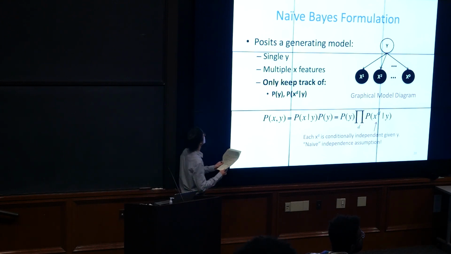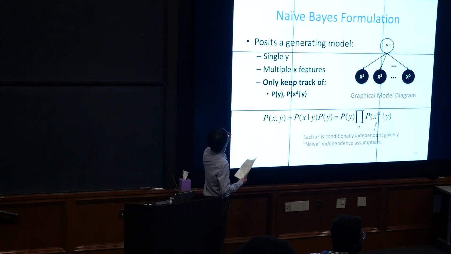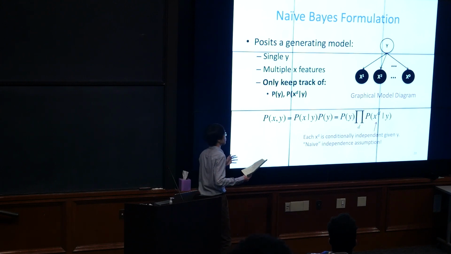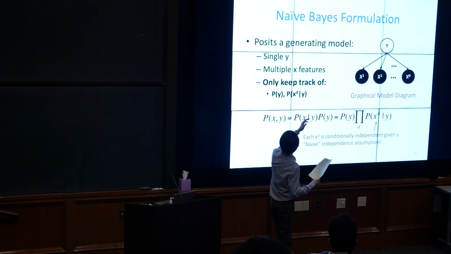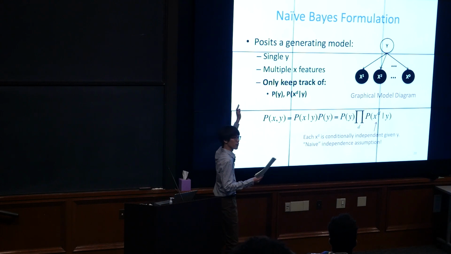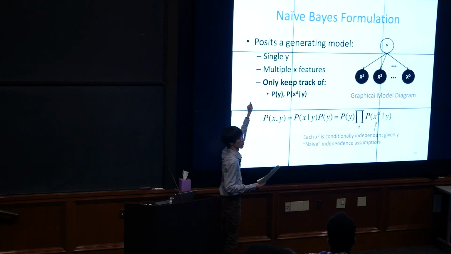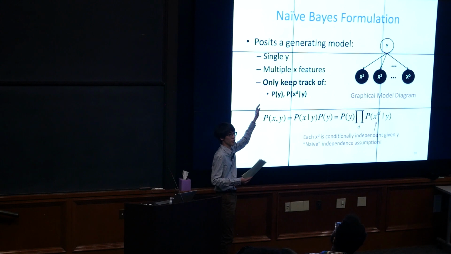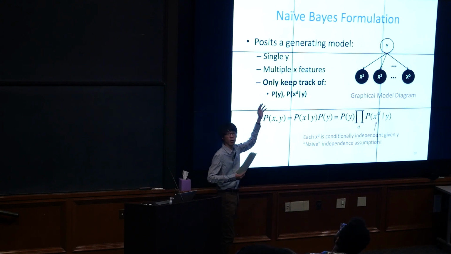In a naive Bayes formulation, we have this generating model. We have some single y, and the model is going to store first the distribution of y: the probability of y being 1 and the probability of y being 0, just on its own.